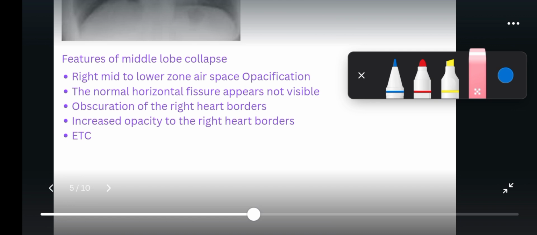Then the obscuration of the right heart border, you don't see the right heart border clearly. Increased opacity at the right heart border, because of the collapse there, that area of the right heart that is in contact with the middle lobe, that is the right heart border, and it will not be distinct. There will be a high opacity as increased density in that area.